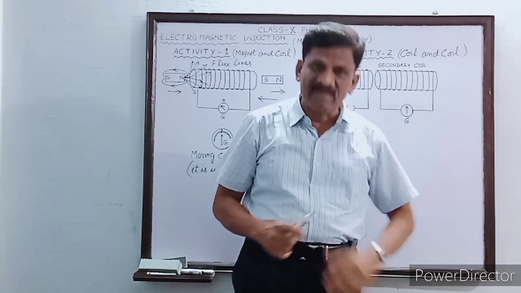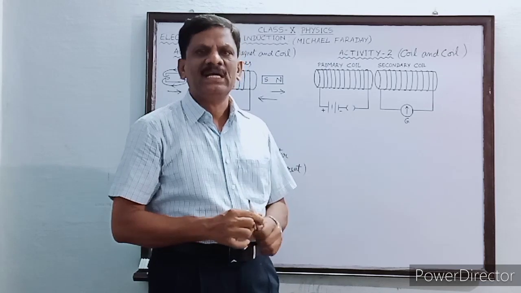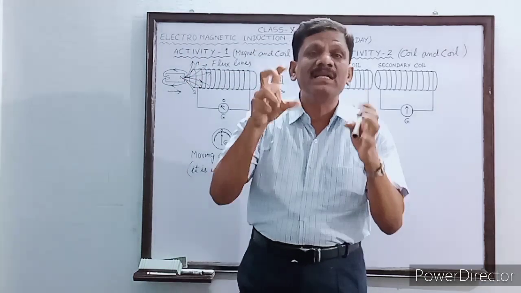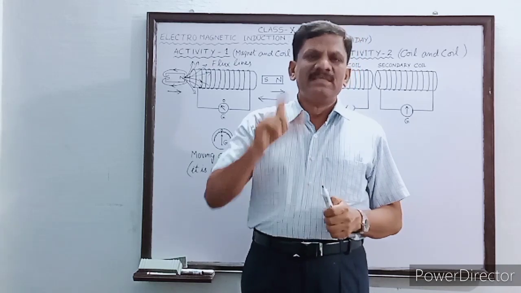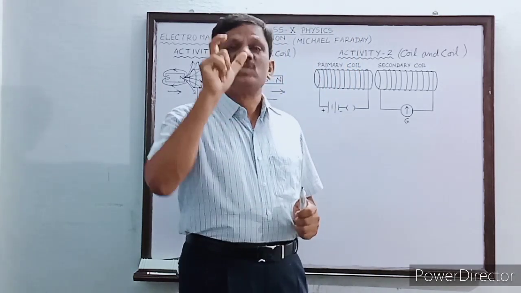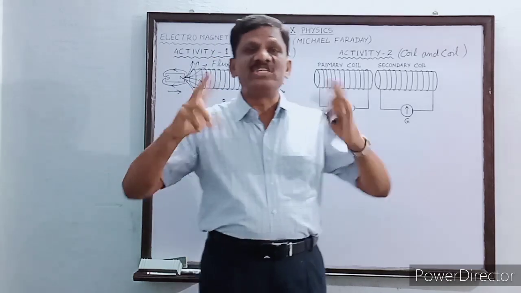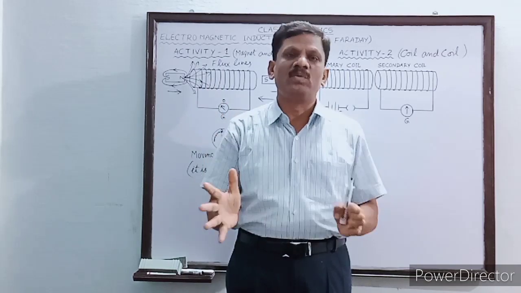And it was confirmed that this deflection in the galvanometer is because of some current flowing in the circuit. This current will be observed in the circuit so long as there is a change in the magnetic field lines linked with the circuit.